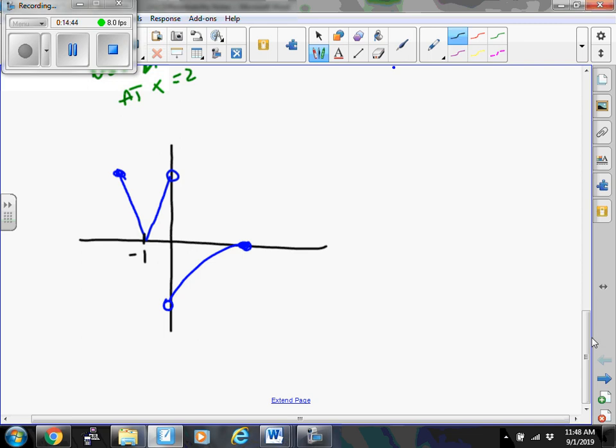And the function begins at -2 and ends at 3. And I think I'm missing something. Oops, I totally messed that up. I apologize. Wrong curve. Let's get rid of this.